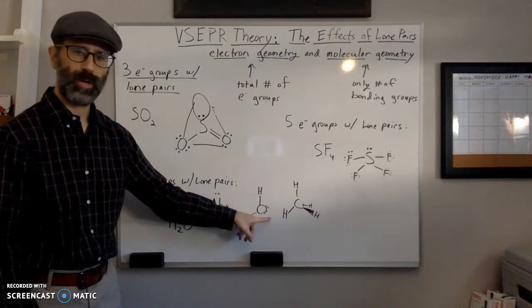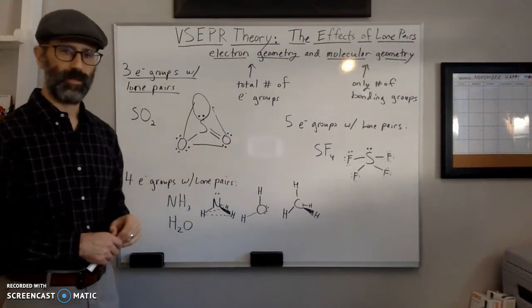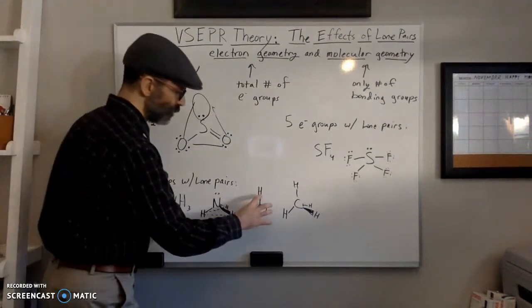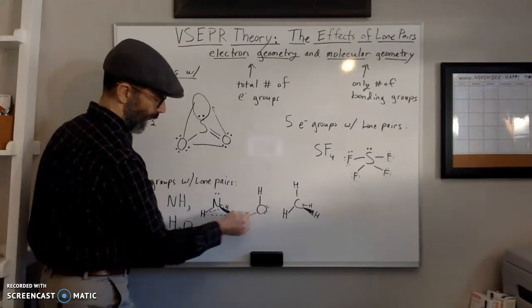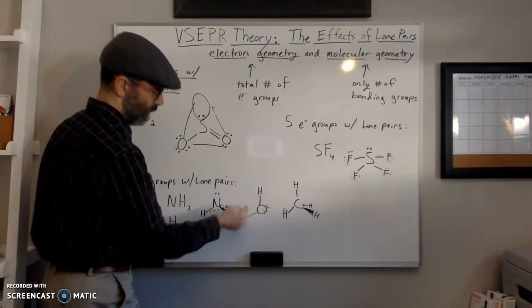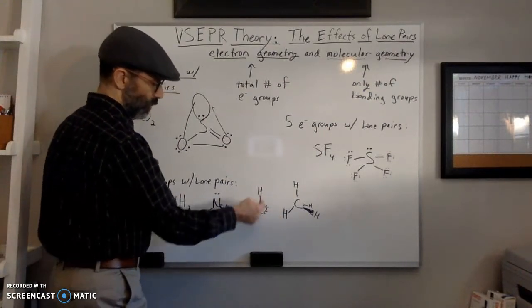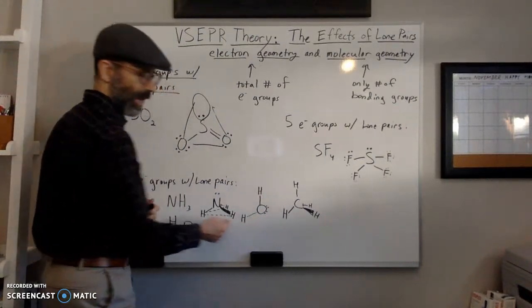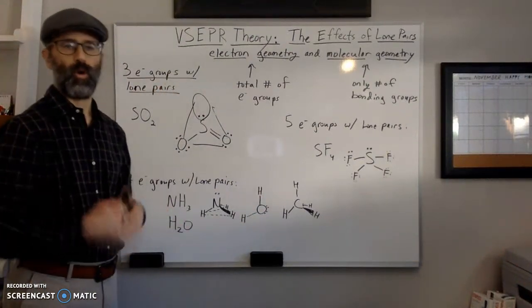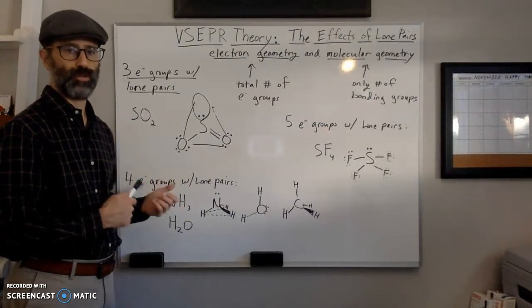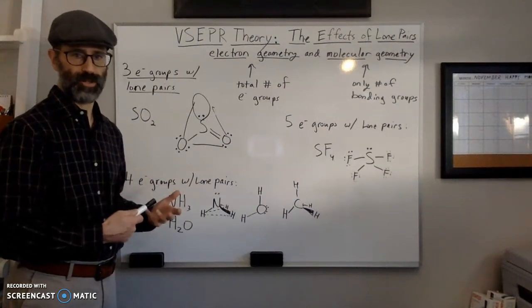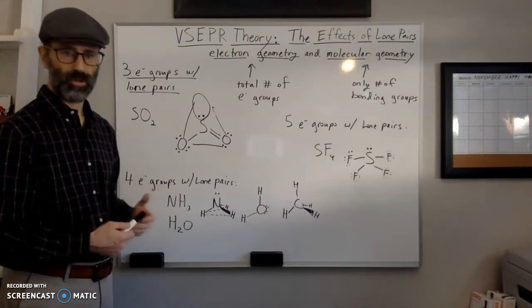It's because the lone pairs are pushing them closer together. So I'm not changing the shape of this. I'm just ignoring that and just looking at how it looks here. So that is bent. So in this case, the molecule has a molecular geometry of bent, but has an electron group geometry of tetrahedral.